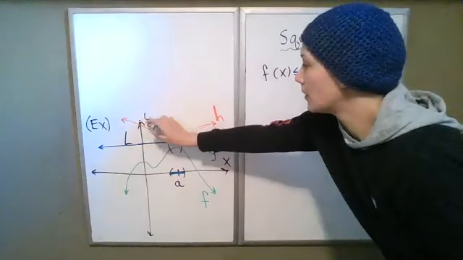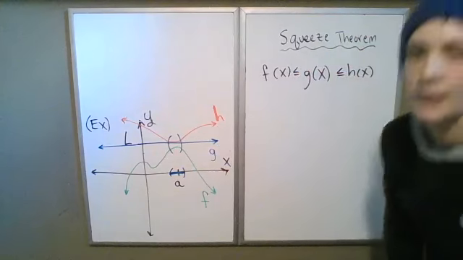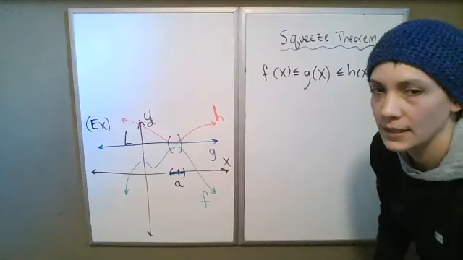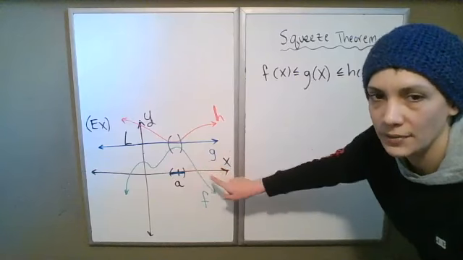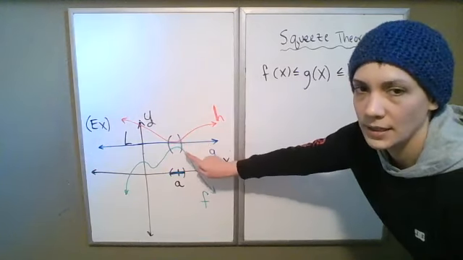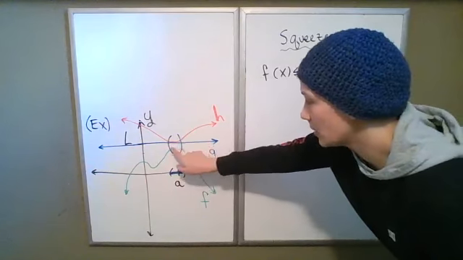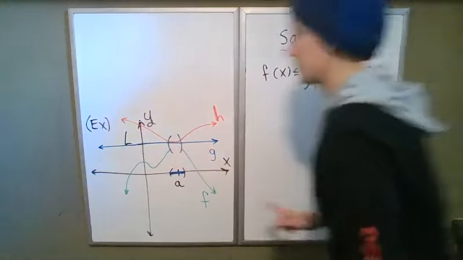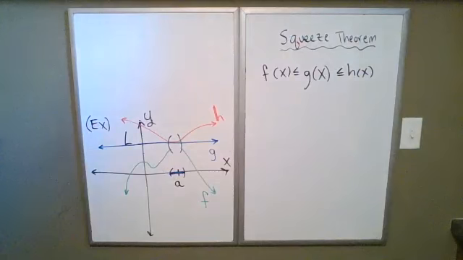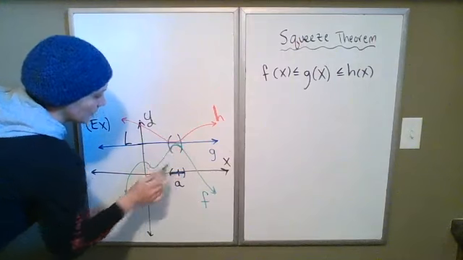Keep the graph up, I'm trying to rewrite it. Yeah, I'm going to keep this graph for now. Okay, and the limit as x goes to a of f of x is L, because as x goes to a, f of x goes closer and closer to L. And I might draw this a little bit closer. It doesn't have to be perfect.